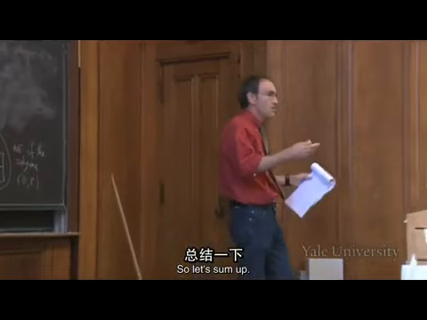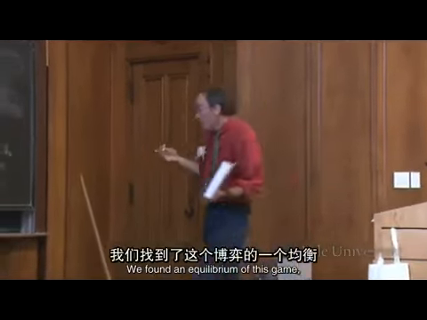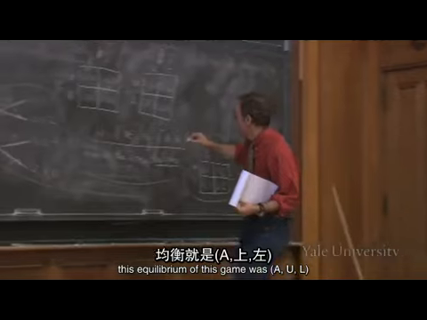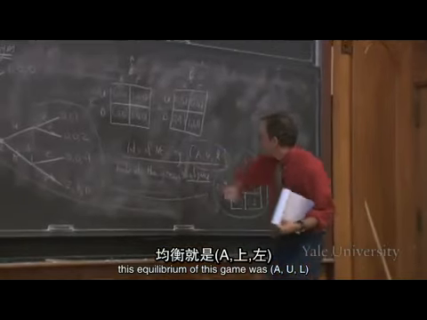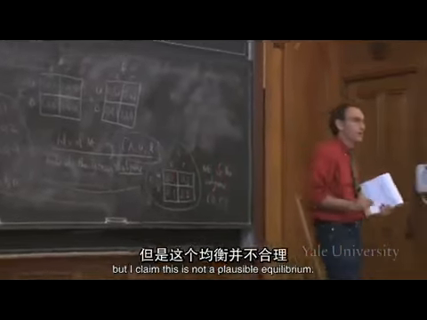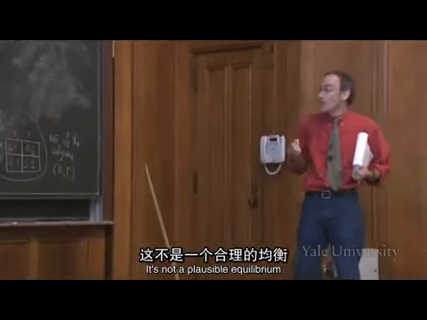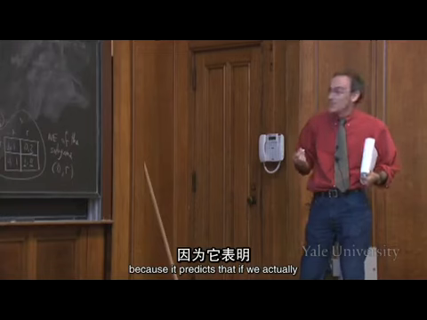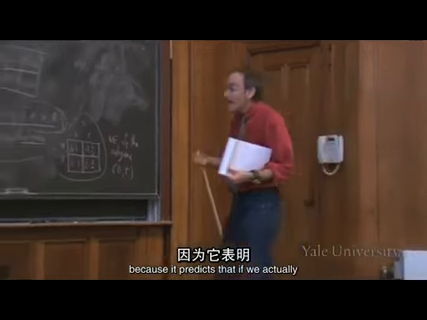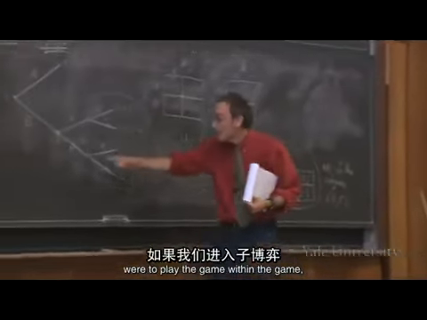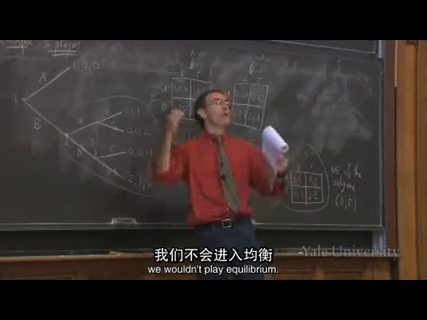So let's sum up. We found an equilibrium of this game, AUL. But I claim this is not a plausible equilibrium, because it predicts that if we actually were to play the game within the game, we wouldn't play equilibrium.